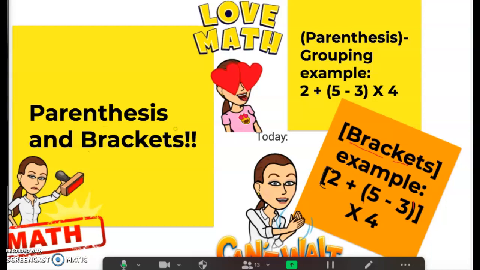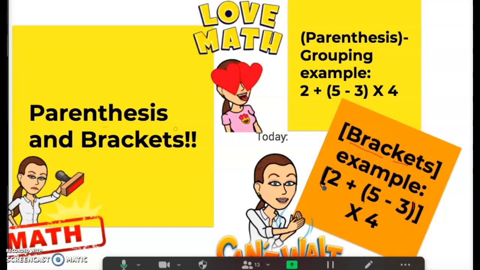As we remember, parentheses is the P in PEMDAS, and that is the thing that we do first. The parentheses are the curved symbols in an expression, and that means do it first. The brackets are the boxy symbols in an expression, and those are normally in an expression because they already have parentheses.